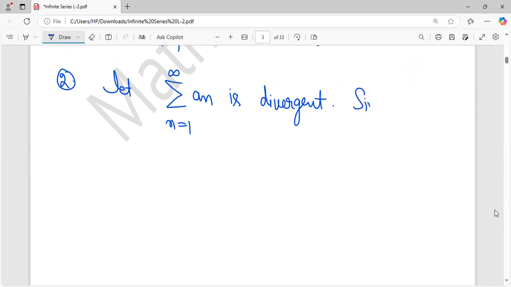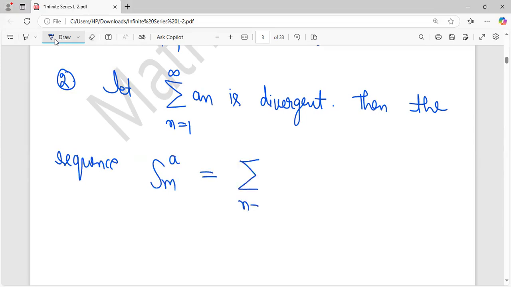Since this series is divergent, then the sequence S_m^A is equal to summation n goes to 1 to m an diverges to plus infinity.